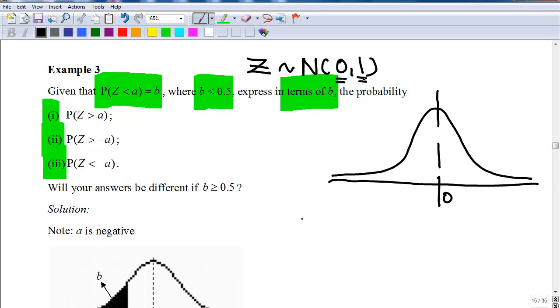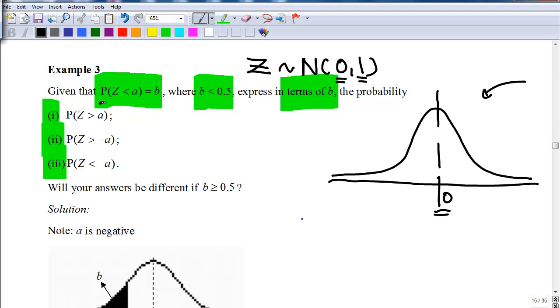So let's take a look at this rough sketch. Now, this is of course a bell. The normal distribution is a bell. In particular, it's symmetric about the line Z equals 0.